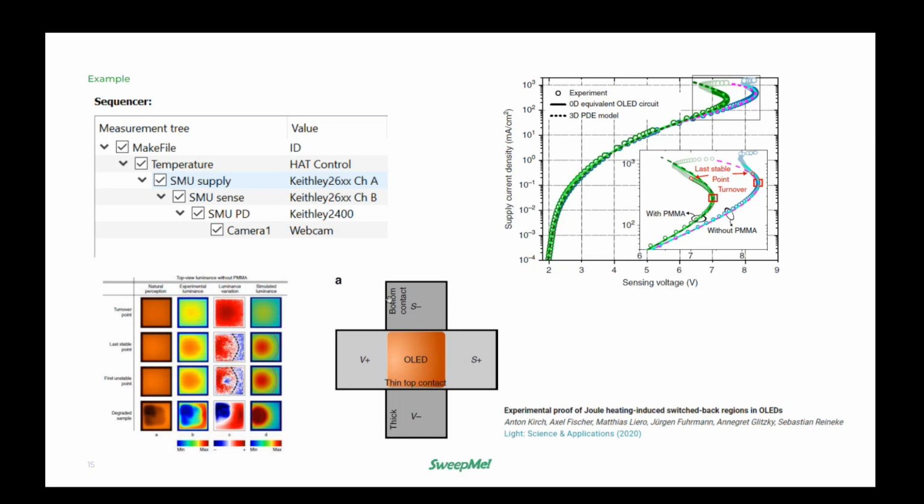So to see the real voltage drop at the sample, we can use a completely different physical unit of an SMU to read out a photodiode. And we can add a camera to take a picture at each current. And of course, we also need temperature control because when the device heats up, the environment heats up. And if we want to have stable conditions for the measurements, we need to conduct the heat away.